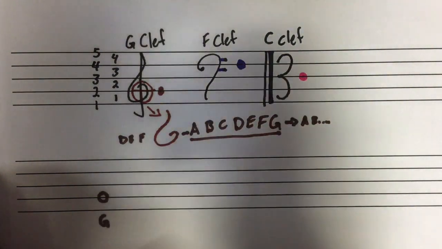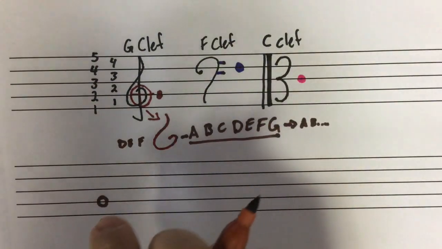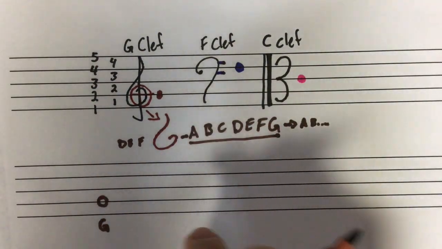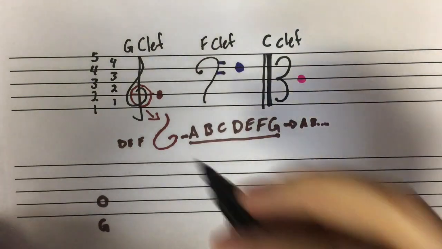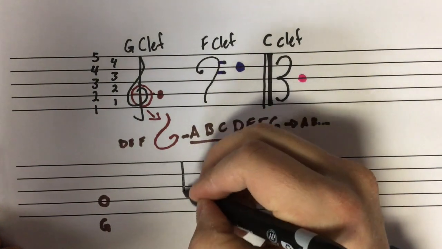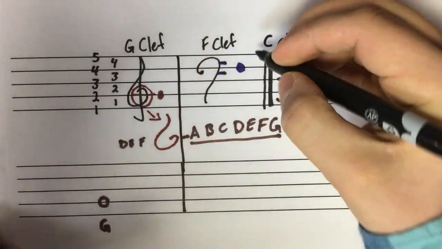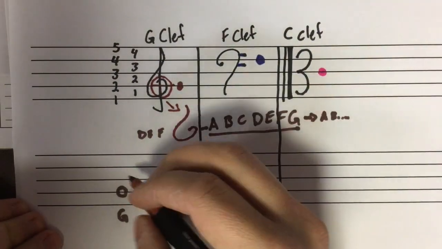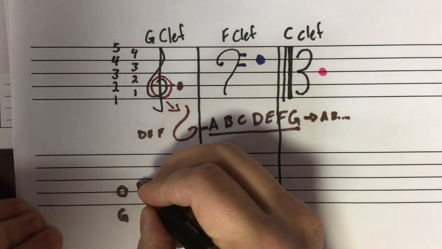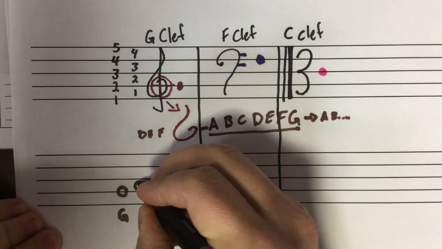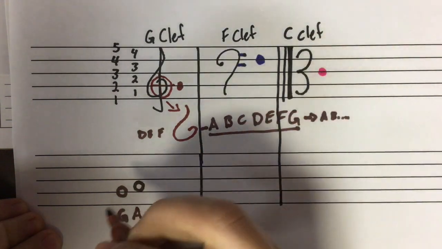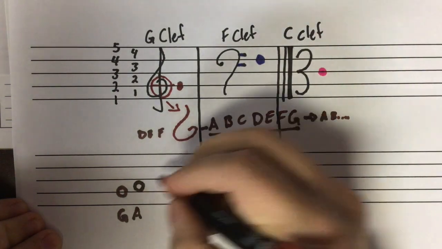Makes sense? Okay, so we're going to continue on with the treble clef pitches, and I'm going to draw a little bar line here between the clefs right now, so that way we don't get too confused. All right, so we're going to want to go higher in pitch. We're going to draw the next note head, A, because remember we're going to go higher, and that's going to be on the space.